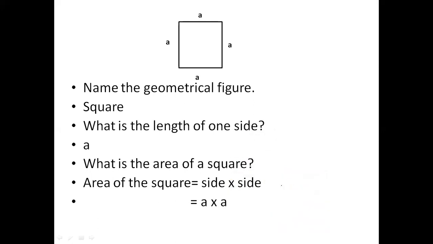When we have A multiplied by A, it means A to the power 1 multiplied by A to the power 1. I need to use the laws of indices.